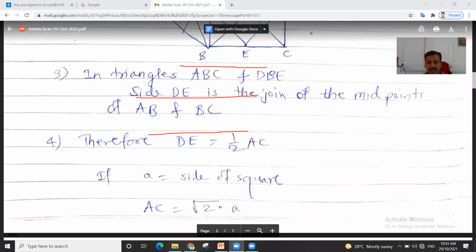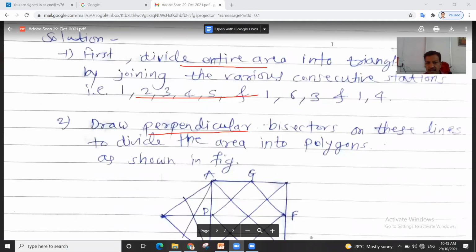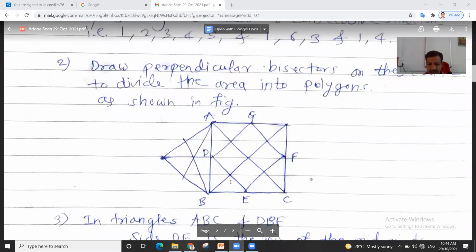The side of the square is given the name A. The side of the square is AB or BC, what is denoted? The side is A. Square having side A. The name given to this side of the square is A. AB is having A.